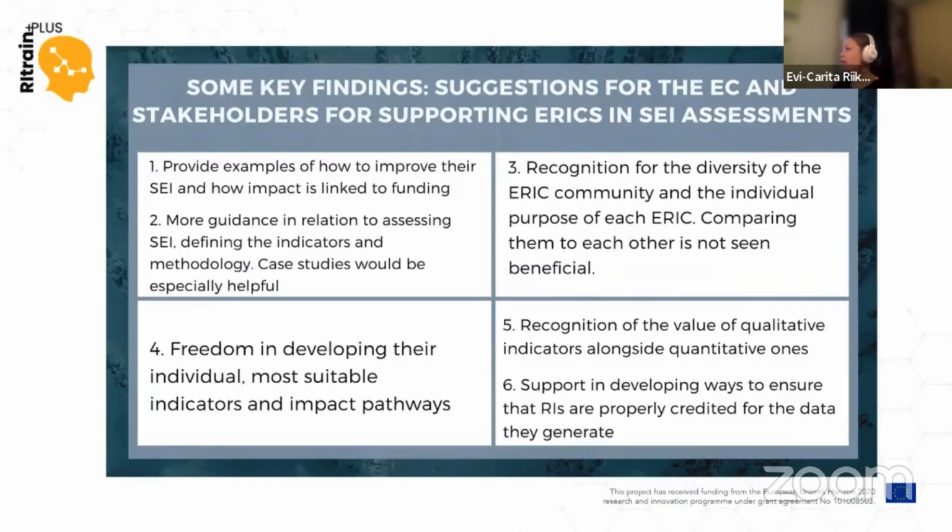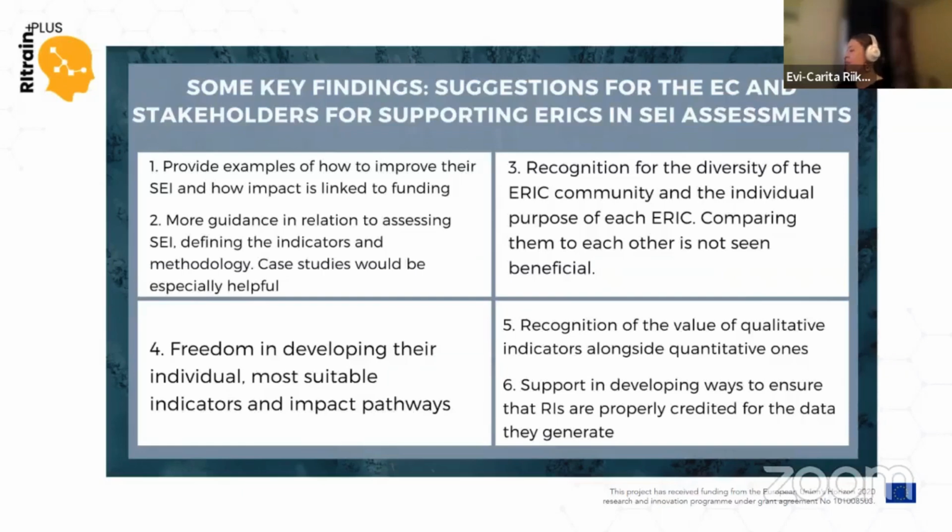They also highlighted the fact that because the ERIC community and the RI landscape in the EU in general is very diverse, it is important to recognize the individual purpose of each RI, because comparing them to each other is not seen as beneficial.